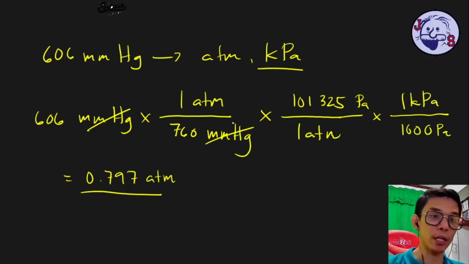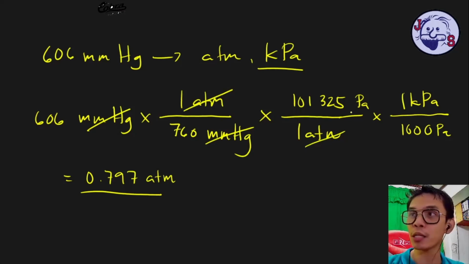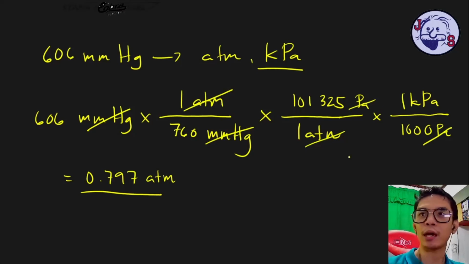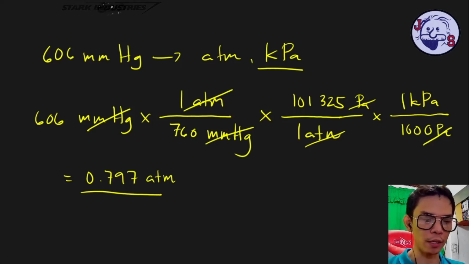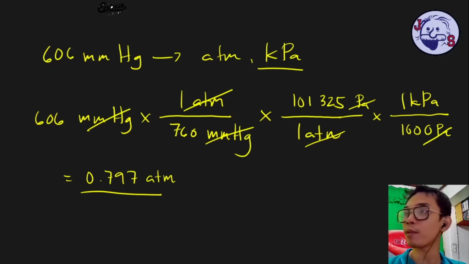So, dimensional analysis, cancel all the similar units that you see. Now we can compute: 606 over 760, times 101,325, and divided by 1,000.